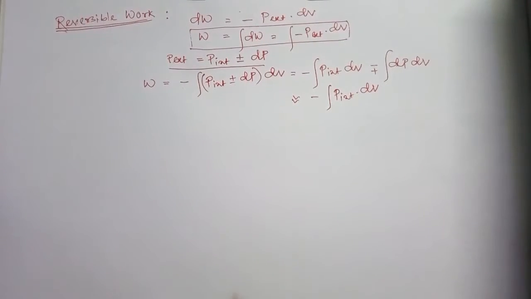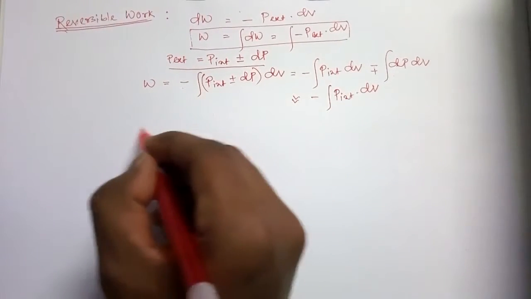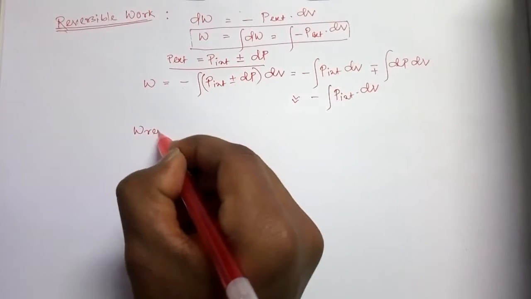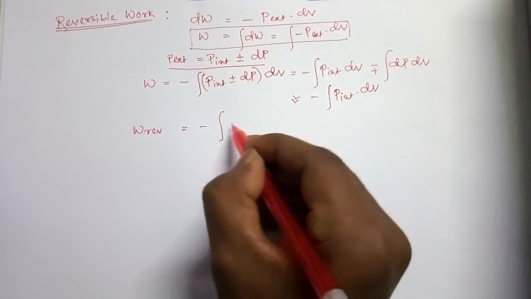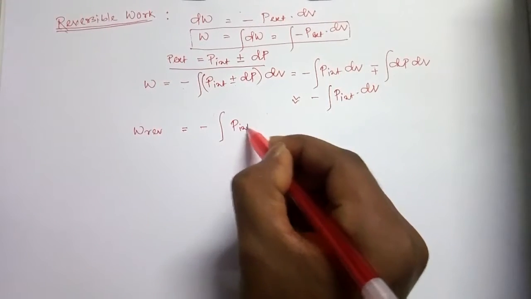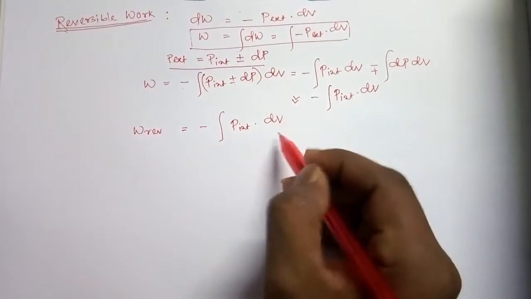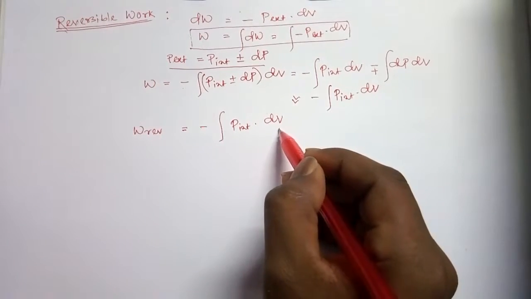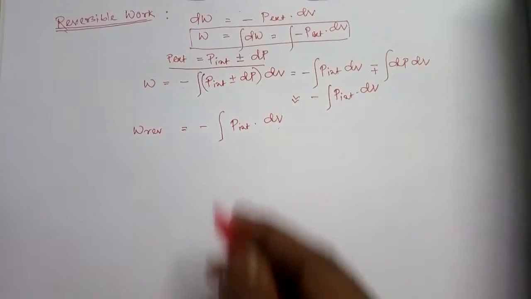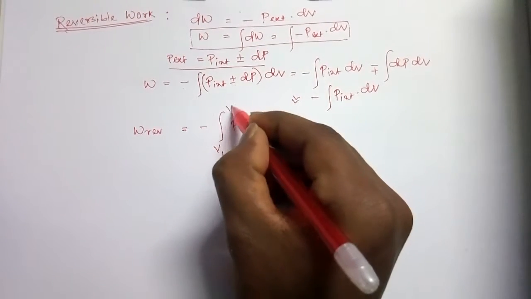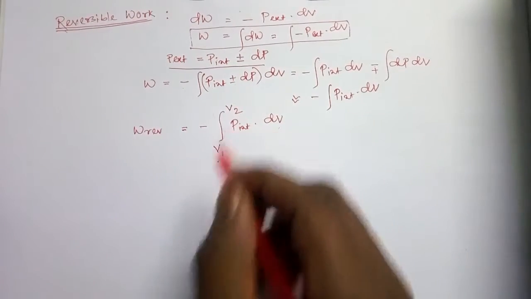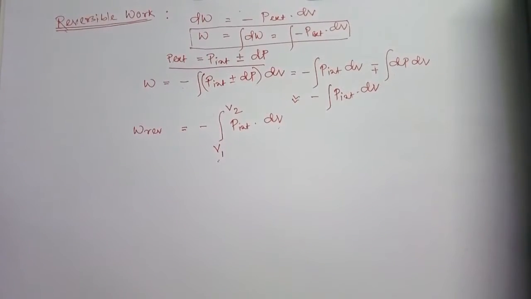So then W reversible we can write as minus the integral of P internal into dV, and the limit should be V1 to V2. Initial is V1 and final is V2.